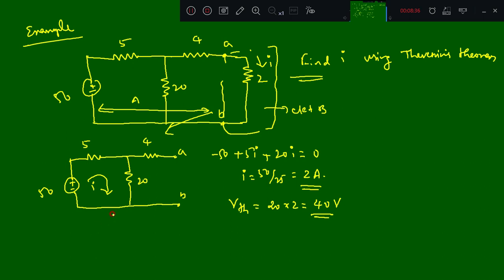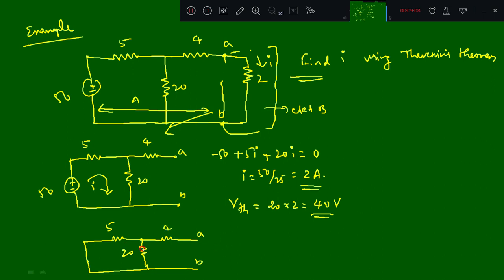Then what is RTH? We have the independent source, so make it a short circuit. Then it will be like this: short circuit, 5 ohm, 20 ohm, 4 ohm, with A and B here.